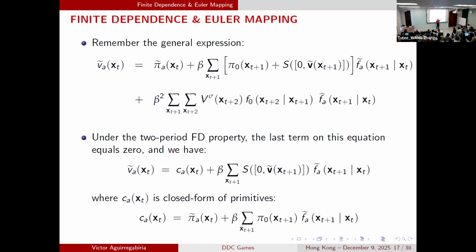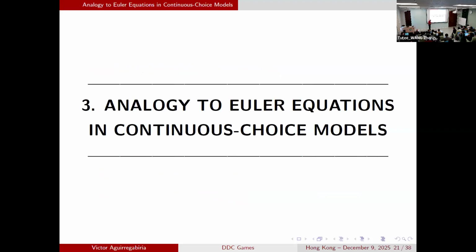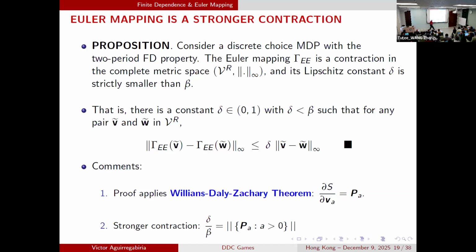This is going to play a role, but it's going to play the same role in the different methods, in value function iteration and in relative value function iteration. The difference is that here we are going to have this term in our contraction modulus. The choice probability is going to play a role in how strong this contraction is, which is not the case in the other.